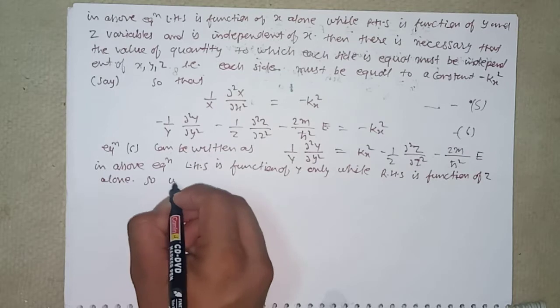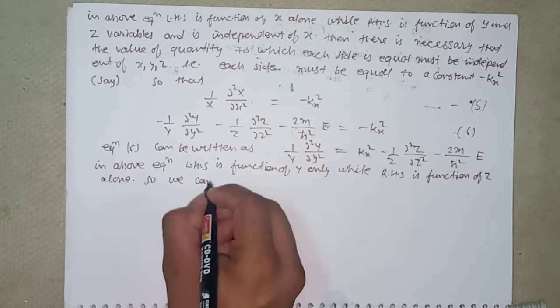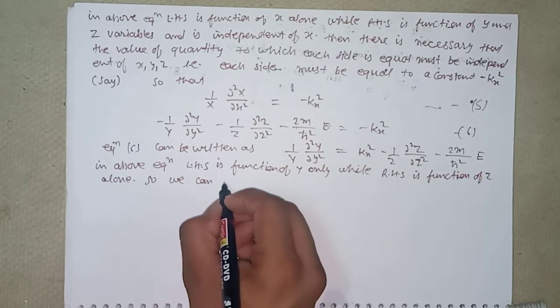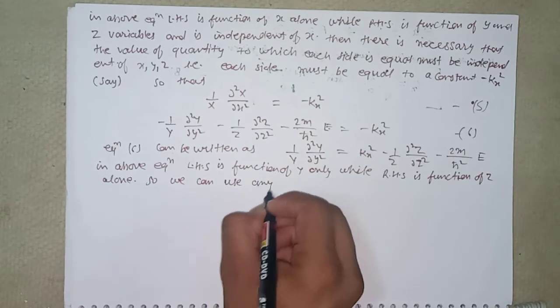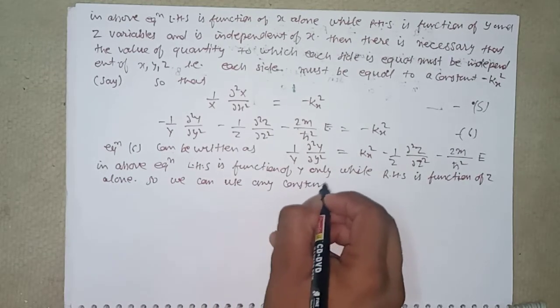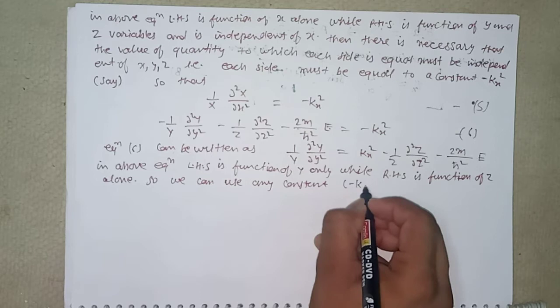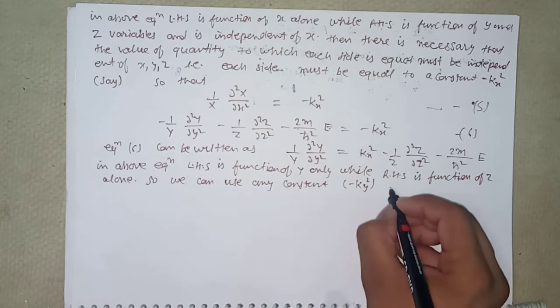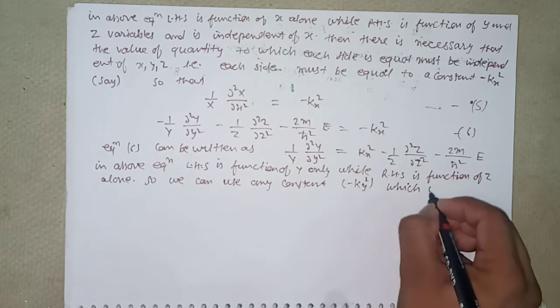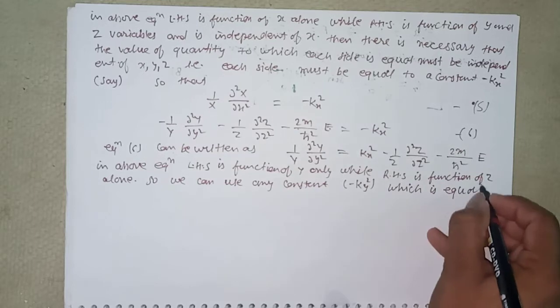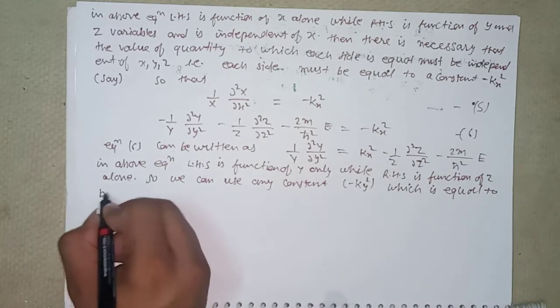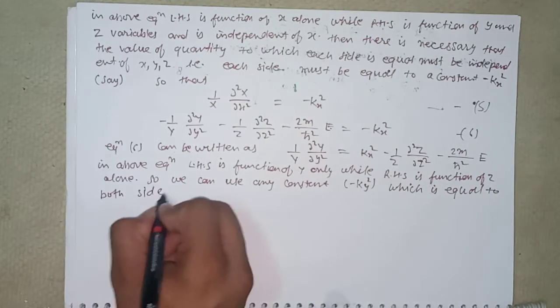So we can use any constant minus ky square which is equal to both sides.